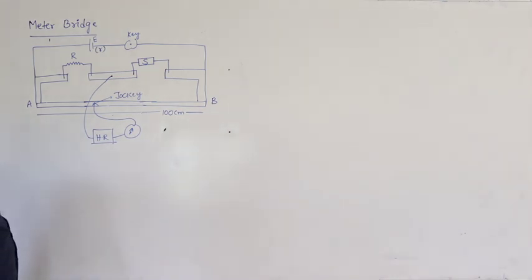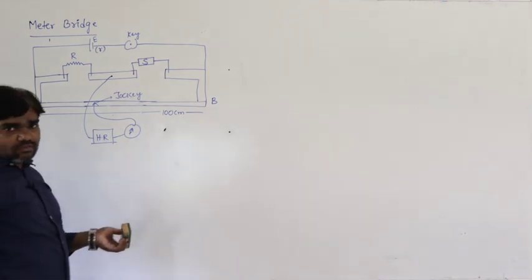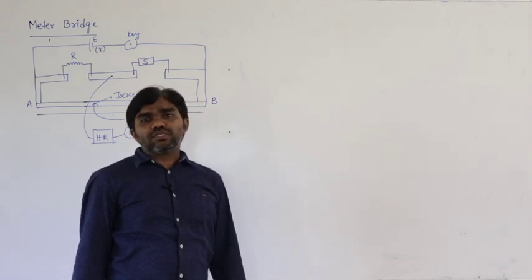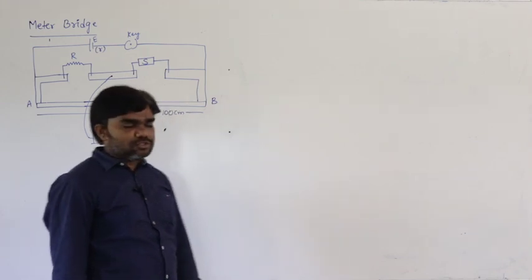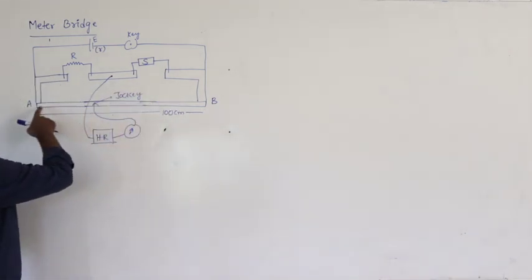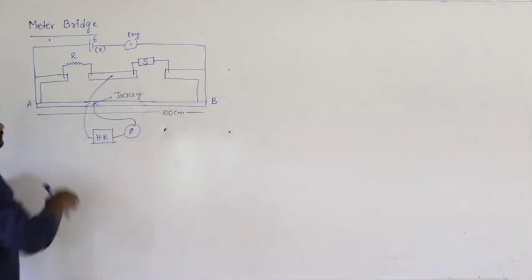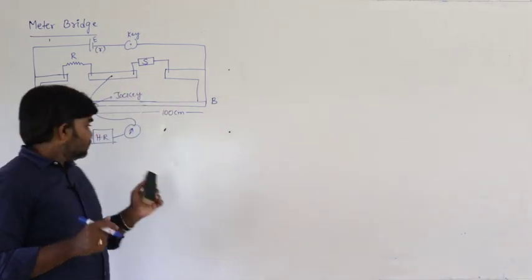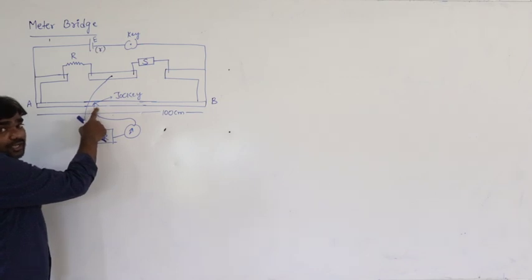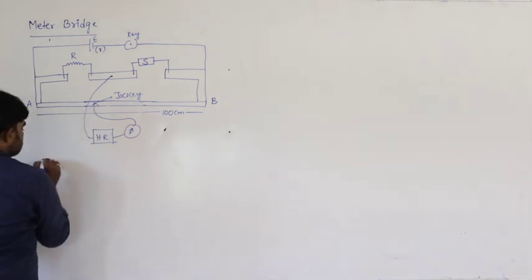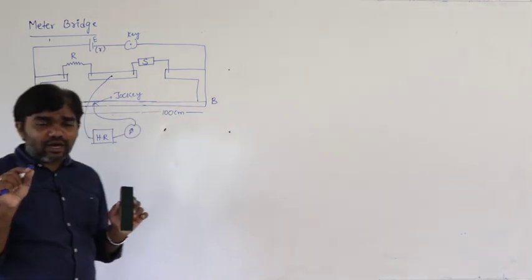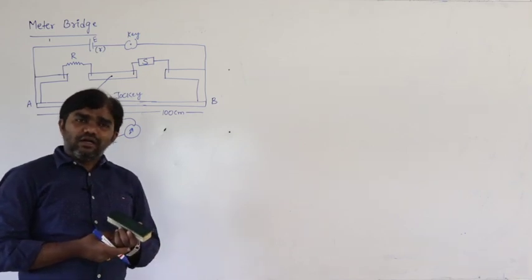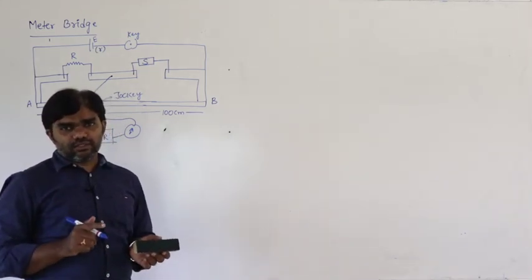So, what is the working of this meter bridge? As we discussed, the meter bridge works on the principle of the balancing condition of the Wheatstone's bridge. The jockey moves on the 100 centimeter uniform wire, made of copper or aluminum, a good conductor.